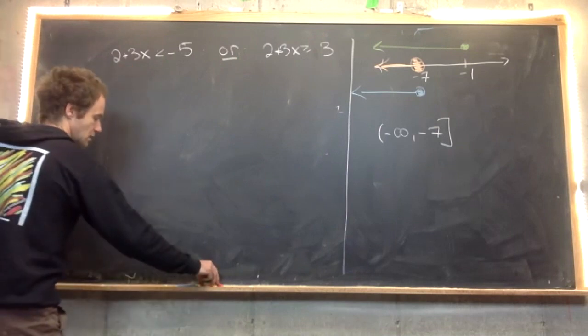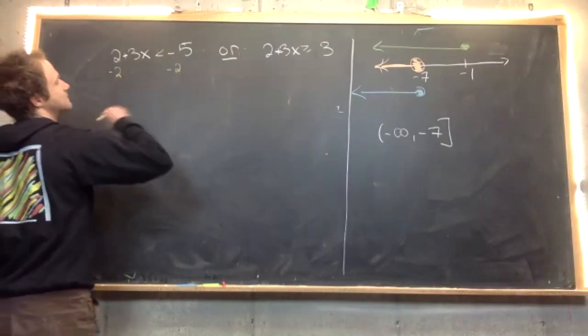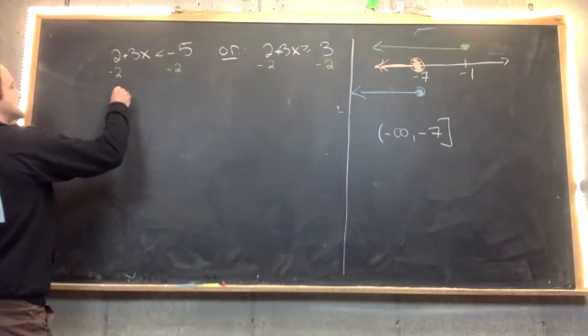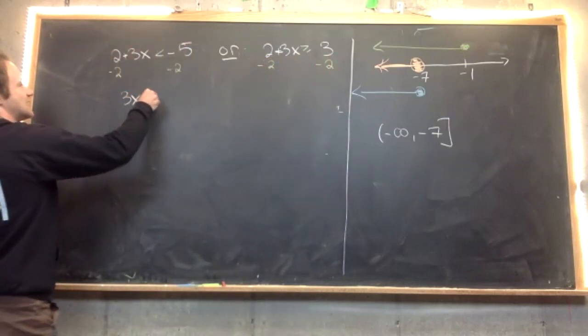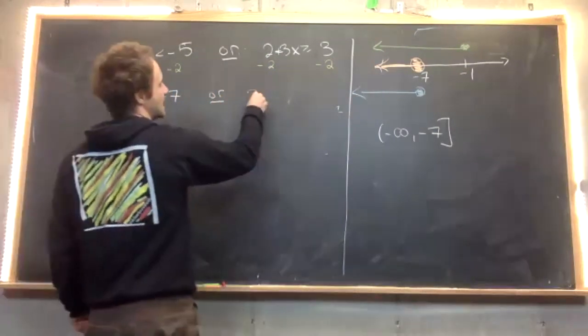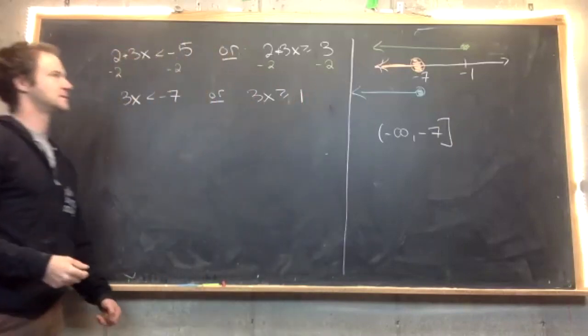So over here, we need to subtract 2 from both sides. Over here, we'll subtract 2 from both sides. So let's see, that's going to give us 3x is less than -7, or 3x is bigger than or equal to 1.